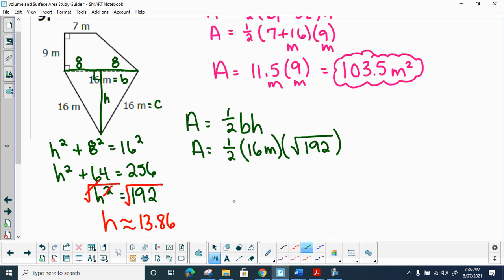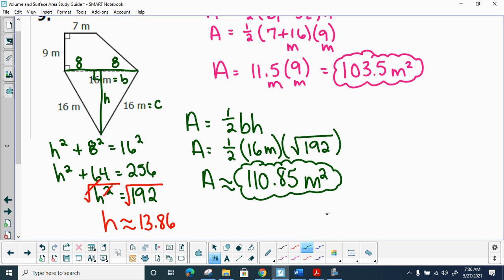So I'm just going to multiply that long decimal times 16 and times 0.5. And I'm getting an area of about 110.85 meters squared. That's the area of the triangle. Now I just need to add those two areas together. The area of my triangle and the area of the trapezoid together is approximately 214 and 35 hundredths square meters.